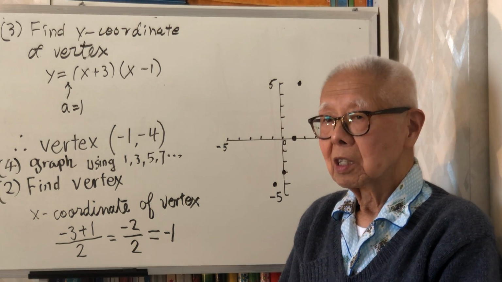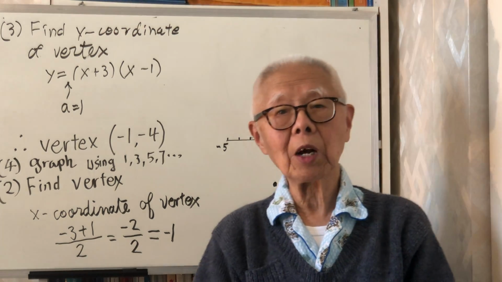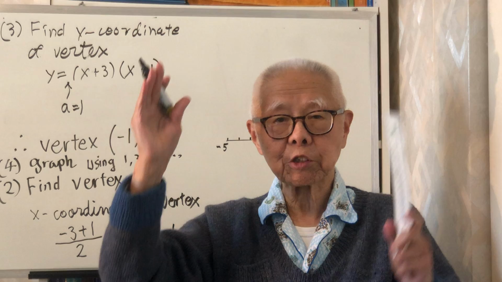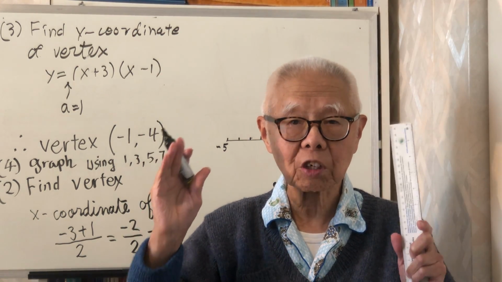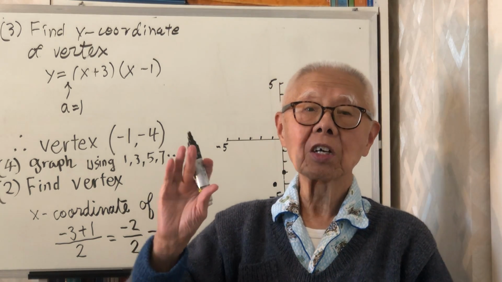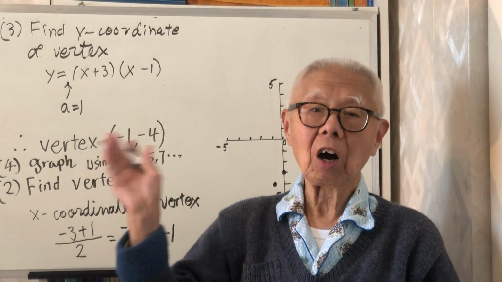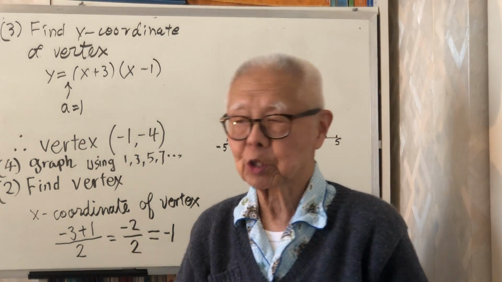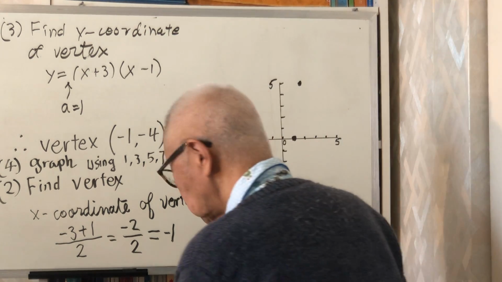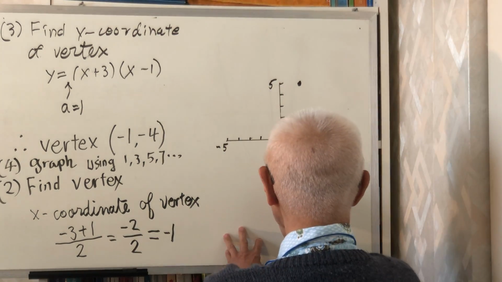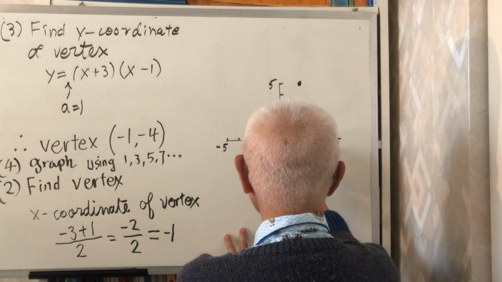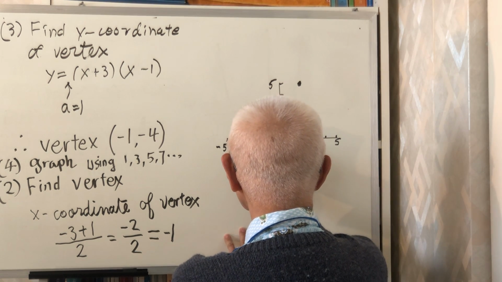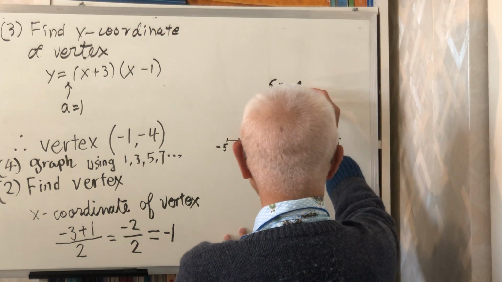Because the graph of a parabola is symmetric with respect to the midline, the axis of symmetry, I can get other points on the other side just by symmetry. So I have this point, and I have this point, and I have this point.